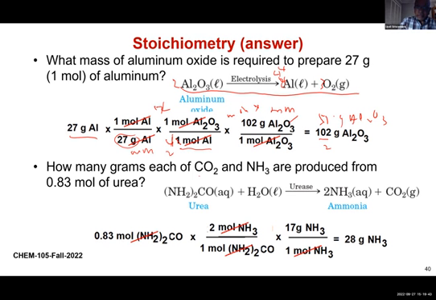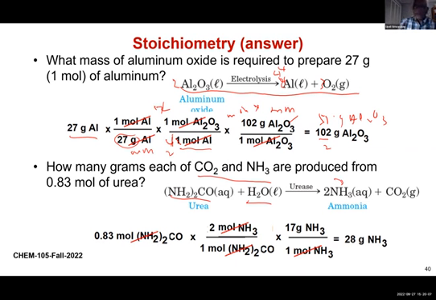If you apply this to carbon dioxide, ammonia, urea breaks up with water to ammonia and carbon dioxide. Urea is a fertilizer, same as ammonia. It produces ammonia after breaking up.